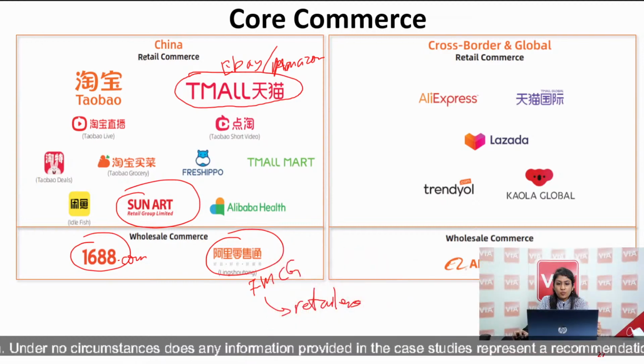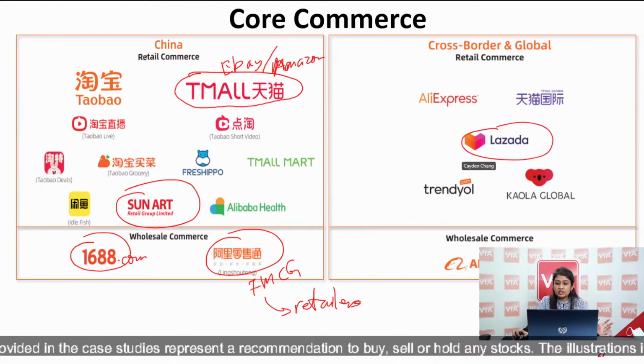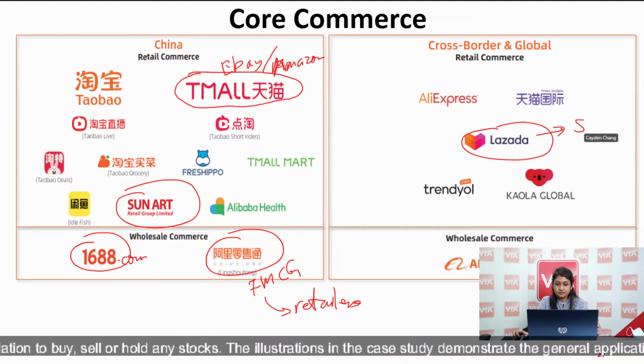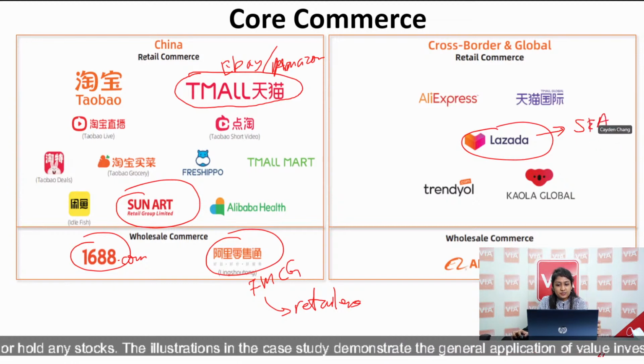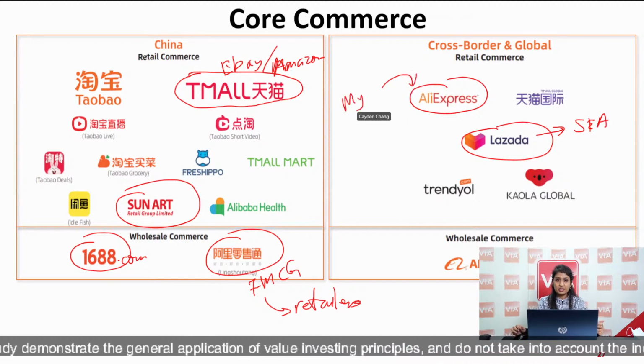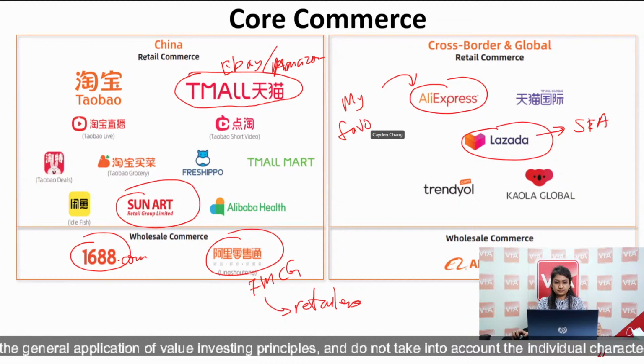Then we have cross-border and global retail commerce. So under this we have Lazada, which is the leading and fastest growing e-commerce platform, which primarily focuses on the Southeast Asian market. And then we have AliExpress. It enables global consumers to buy directly from manufacturers and distributors in China and around the world.